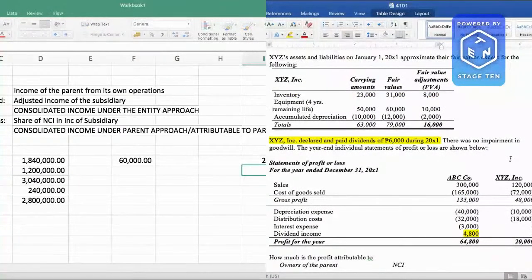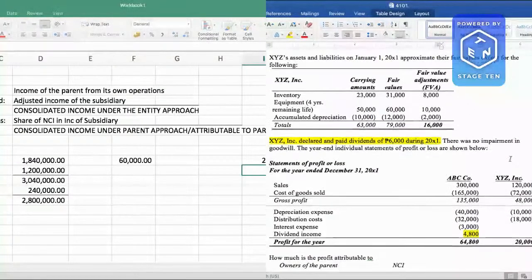Let's start with the equipment, class, since we are familiar already with the equipment. Okay, how much is the difference, class? Carrying amount 50,000, fair value 60,000, difference of 10,000. To be amortized over how many periods, class? To be amortized over 4 years.